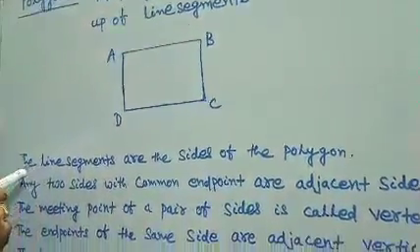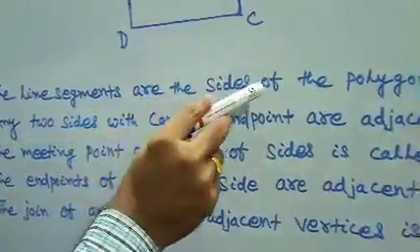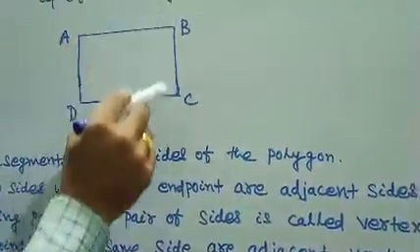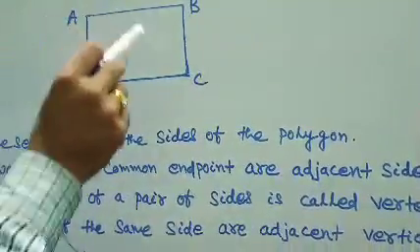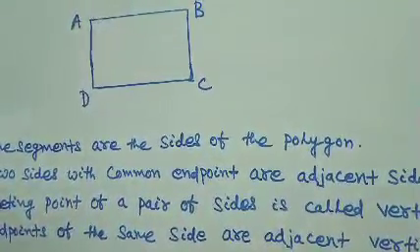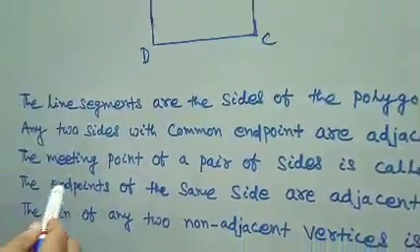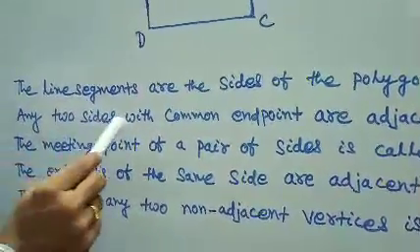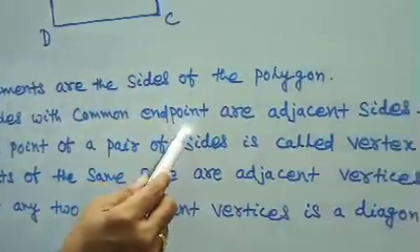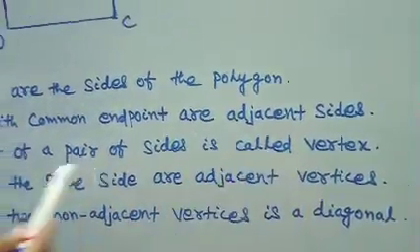Look here, the line segments are the sides of the polygon. There are 4 line segments AB, BC, CD and AD. These are called the sides of the polygon. Next one is, any two sides with a common endpoint are adjacent sides.